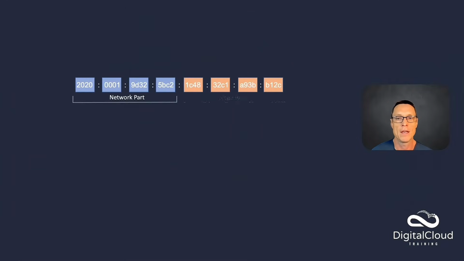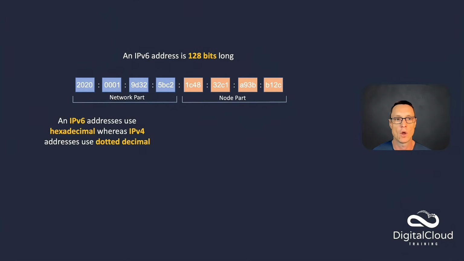To solve this, many years ago, they came up with an IP version 6 addressing scheme, which is perfectly valid and usable today. Many systems on the internet, like those smart devices I mentioned, would be using IPv6 addresses. These are 128 bits long, and they're written in hexadecimal instead of dotted decimal notation.